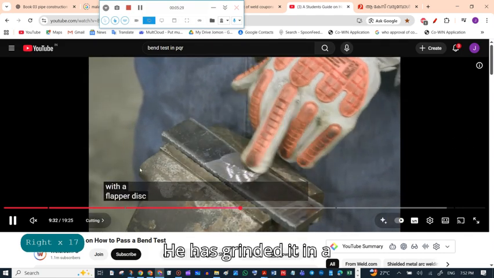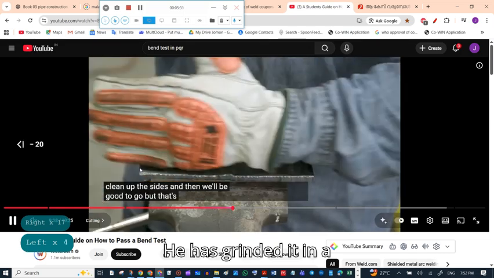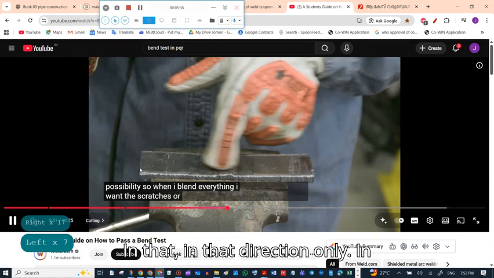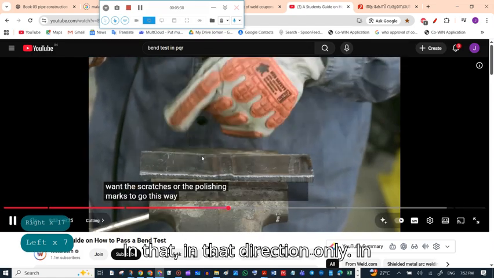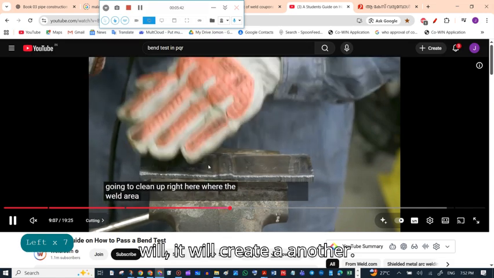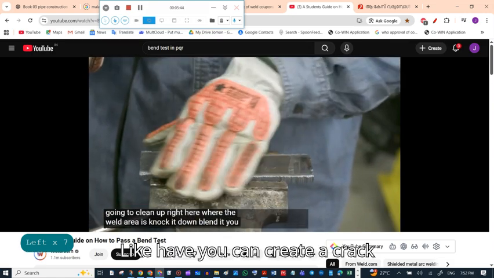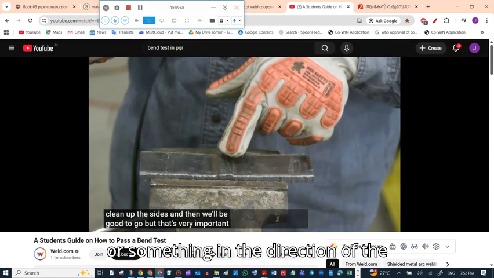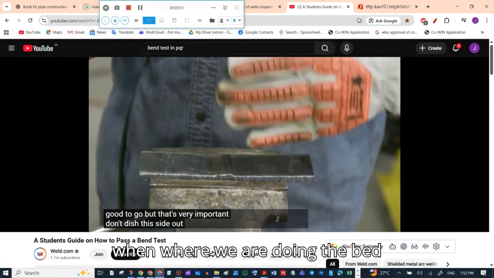He has ground it in a manner like this actually, in that direction only, because otherwise it will create another line, which can create a crack or something in the direction where we are doing the bend.